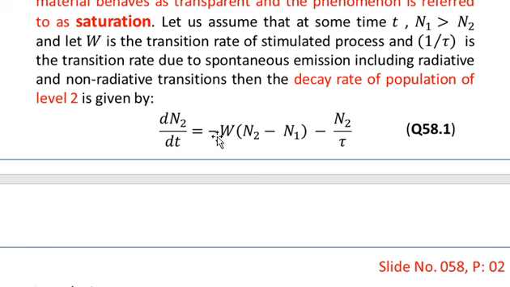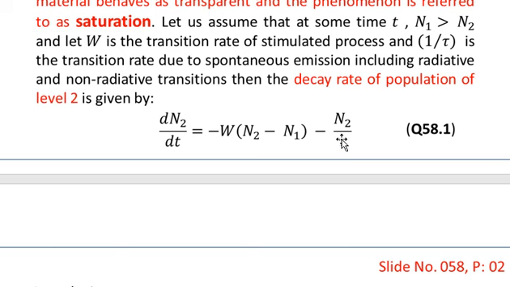And if you multiply W inside the parenthesis, you have a plus W into N1 due to the plus sign, and N1 is the population of the ground state, so WN1 becomes the stimulated absorption. And then lastly we have a minus N2 over tau.